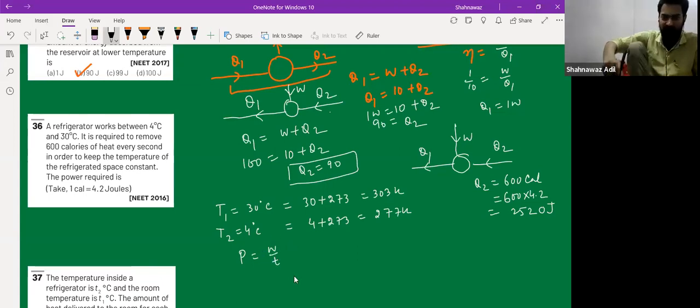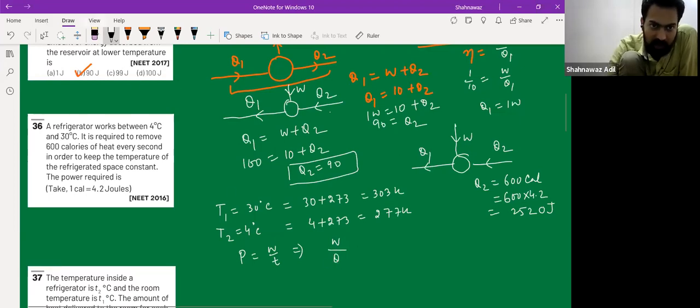So how can we calculate the work done here? We know that Q2 by W is T2 by T1 minus T2.